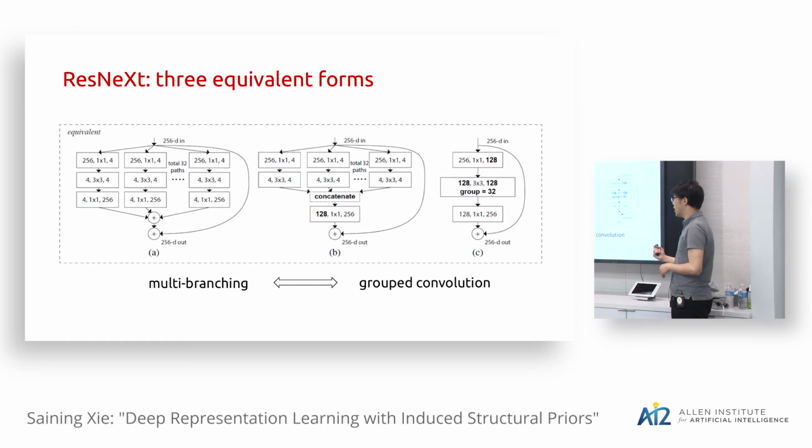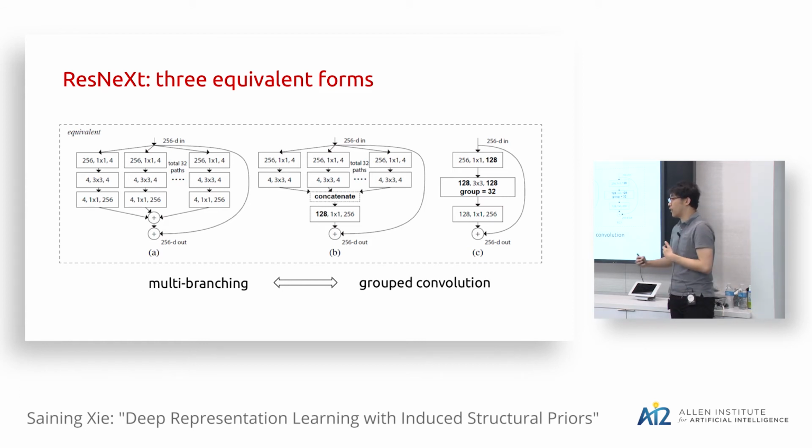And B to C is more interesting, because we find that in a specific ResNet template where you have 3 layers here, this form B multi-branching system can be directly implemented by an existing group convolution module.